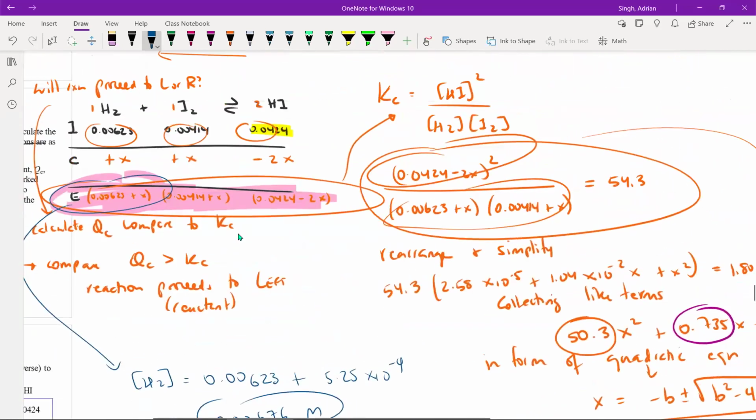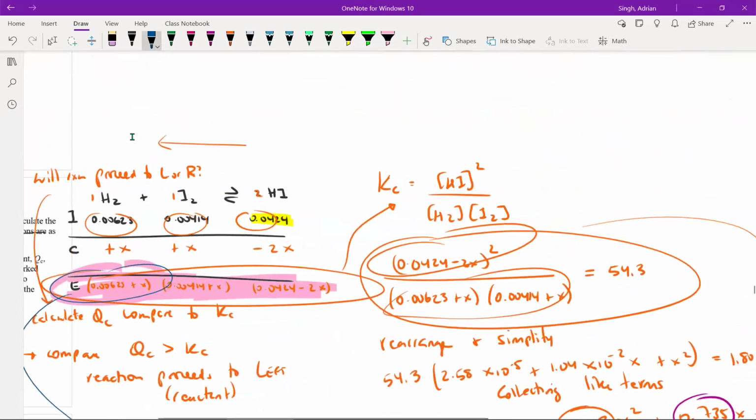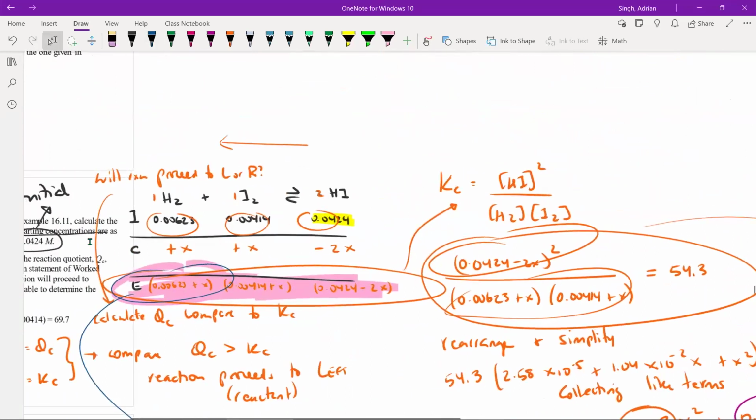Okay, so there are several steps involved, obviously. We need to figure out the equation that we're using, write down our initial concentrations, determine in which direction the reaction is going to proceed, to the left or to the right, and then assign and define x as the change. And then depending on which direction the reaction is going to proceed, we're going to incorporate our signs. The signs are important, whether it's a positive or a negative.